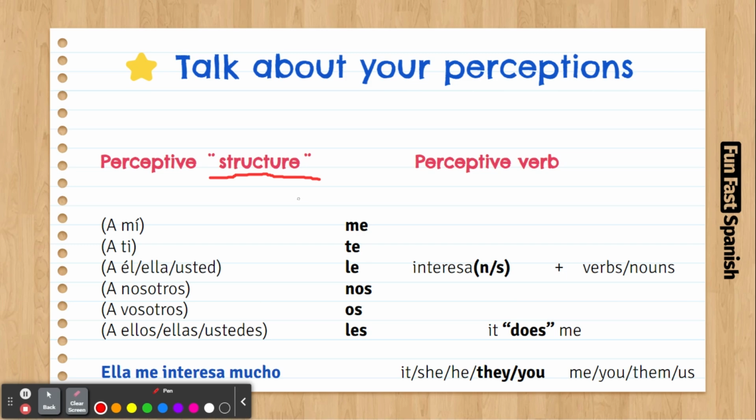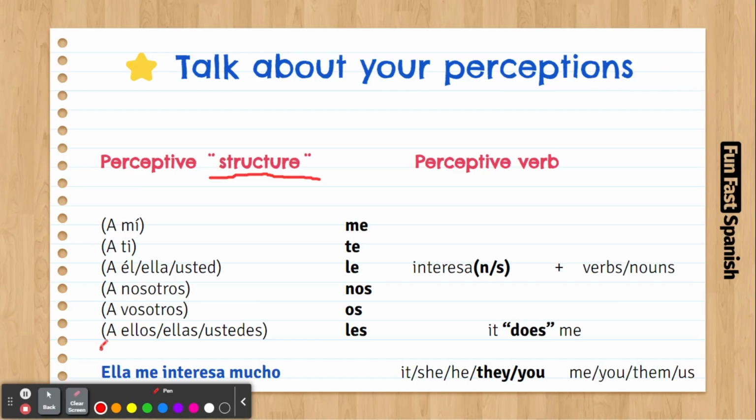It's because it's very handy and we use it in so many situations. So let's have a look again at the structure, how it works, what it means, and also we're gonna have a look at some verbs that work also with this perceptive structure.